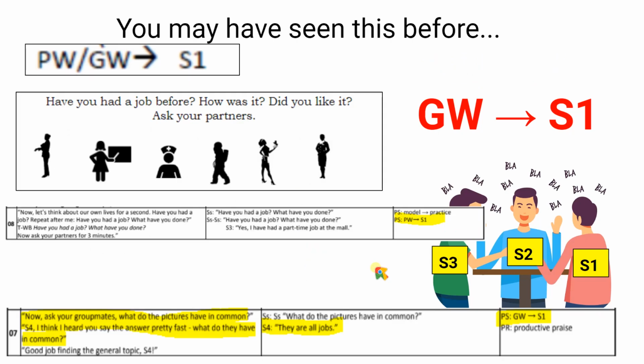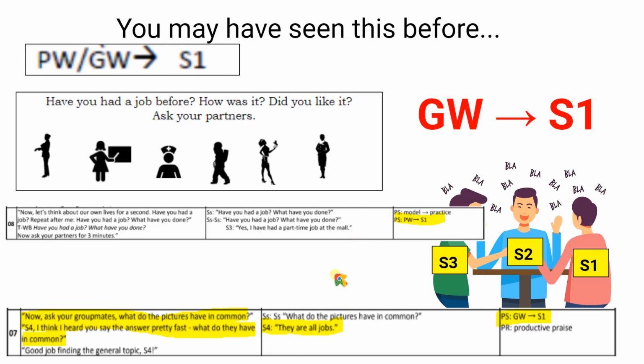And you may have seen this before in Welcome Week. During the full lesson demonstration, the teacher asked everybody to ask their partners about jobs before calling on one student.